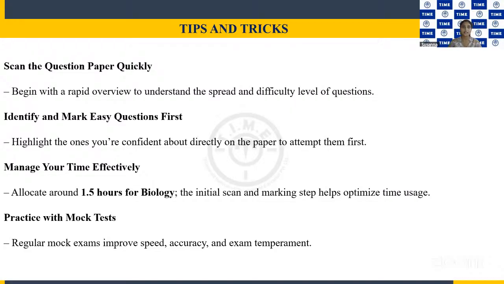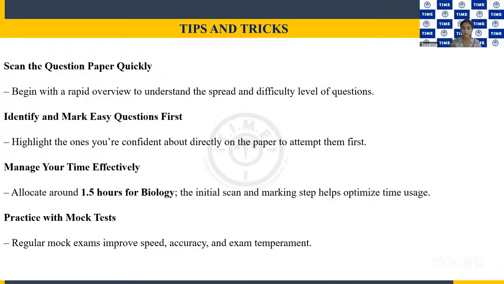That is another way to manage your time. Once you scan through the question paper and see which questions you can answer and which are really difficult, it's better you don't touch those, because we have negative marking. So just highlight the ones you are confident about. Once you start the exam, you can directly go to those questions and finish them off fast.